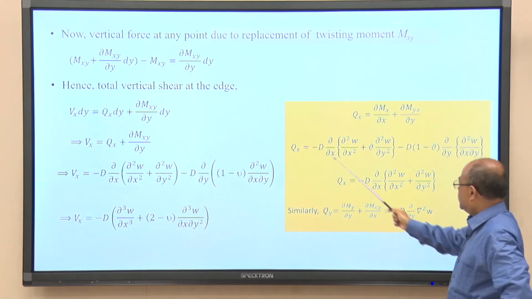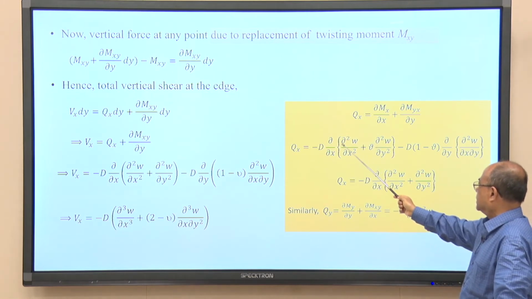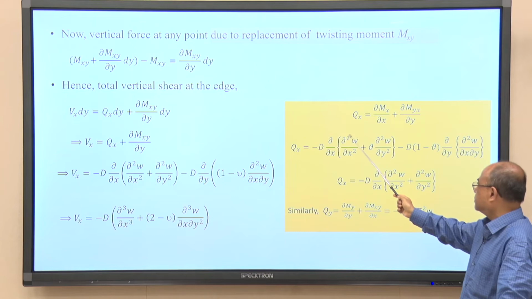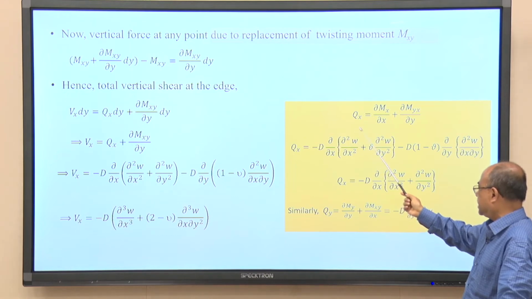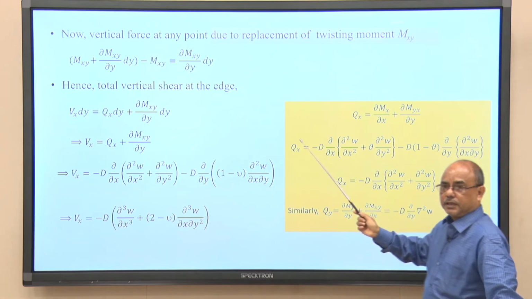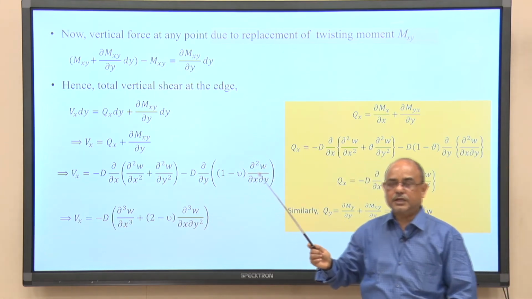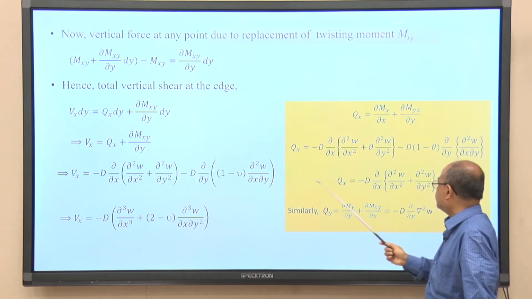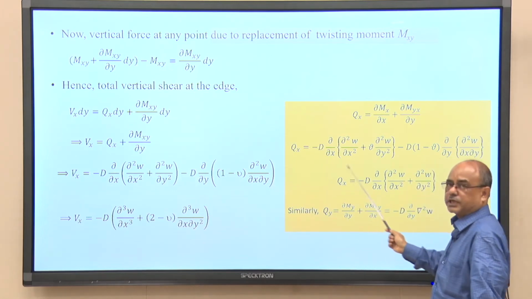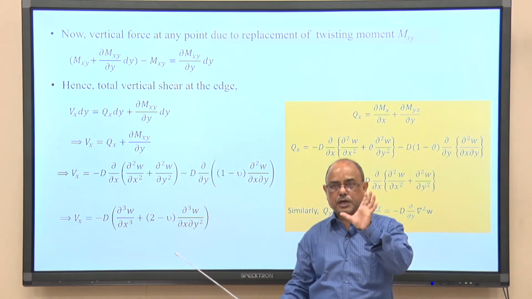Now, if you take this differentiation, you will find that the third derivative results, and after simplification, it is a very interesting thing that in the shear force expression, you will not get any Poisson ratio term.